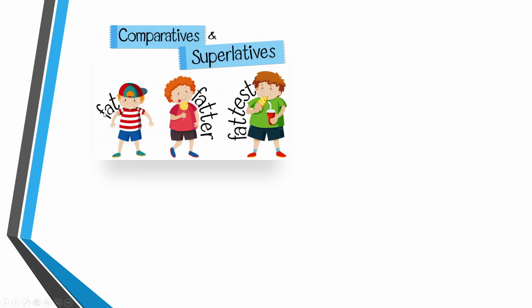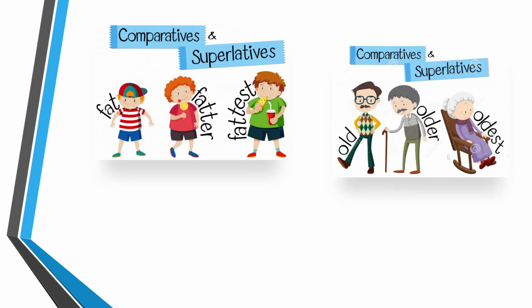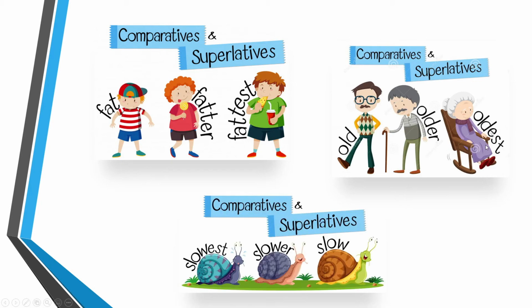So realize here we have the spelling fat, consonant, vowel, consonant. Kena tambah satu lagi T di belakang dan add ER ataupun EST. So jadi fatter, fattest. Then here we have old, older, oldest. Tua, lagi tua, dan paling tua.